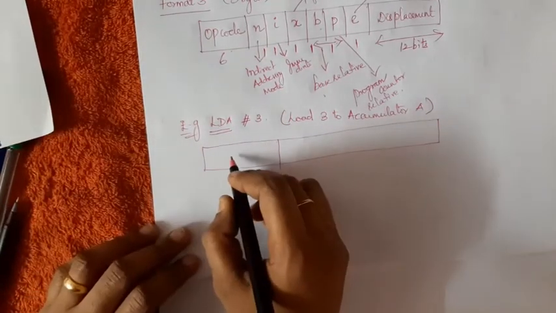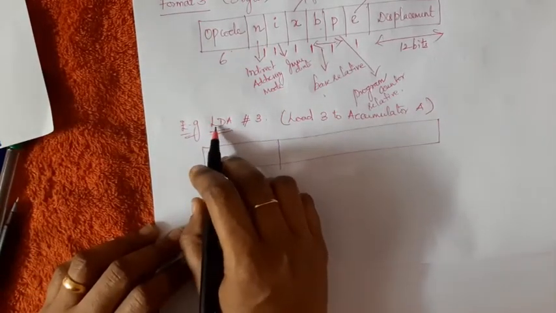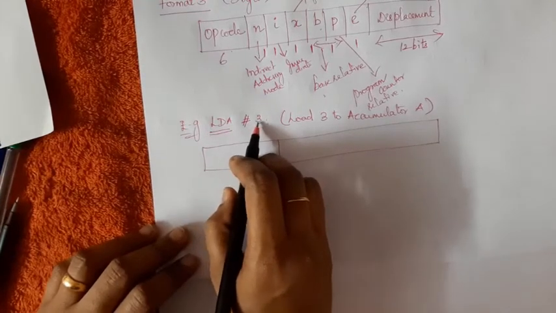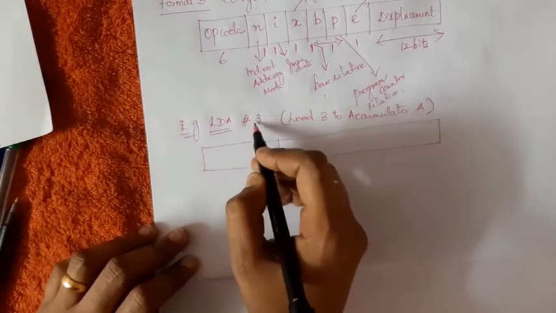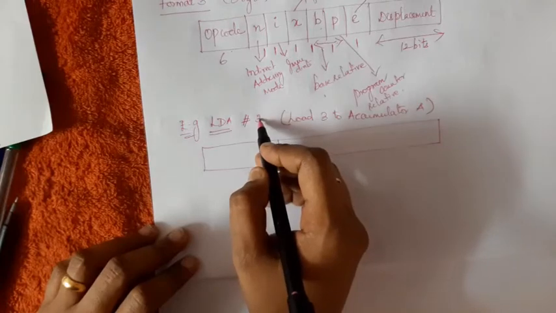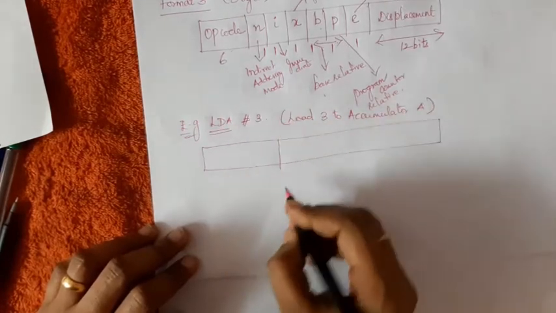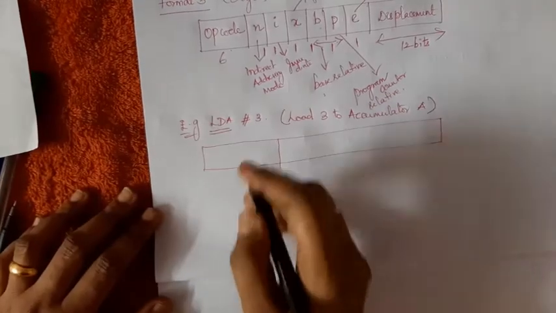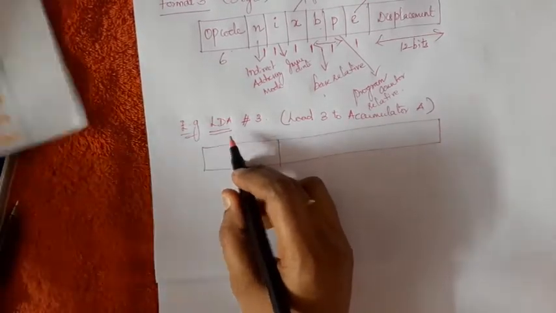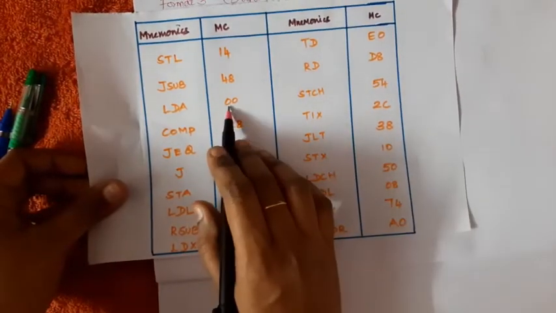And now we'll see an example for load accumulator 3. Okay, so we are loading value 3 to an accumulator A. As we have seen, the opcode value of LDA is 0 0.